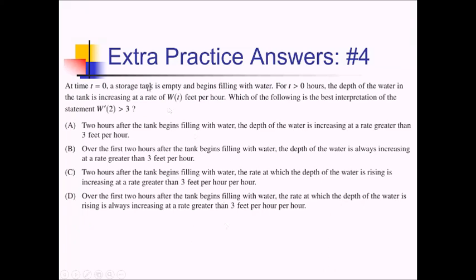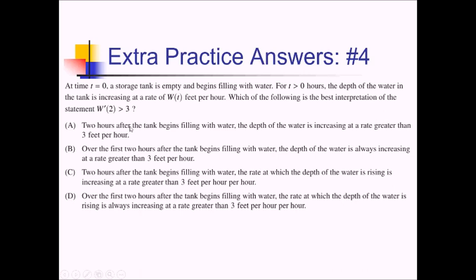On this problem, at time 0, a storage tank is empty and begins filling with water. For a time that's positive, the depth of the water is increasing at a rate of W of t. So W of t is the rate at which the water is increasing. Which of the following is the best interpretation of W prime of 2 greater than 3?